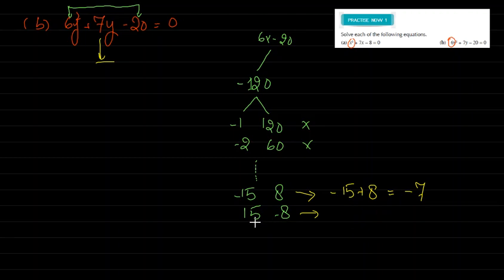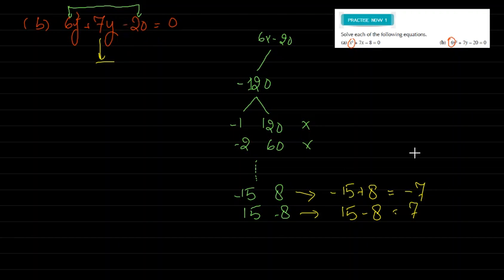And if we manipulate the other term, 15 into minus 8, what it becomes? 15 minus 8. It becomes 7. And you can see the 7 is present here. So see what we did. First of all, we multiplied first this 6 with last one minus 20.